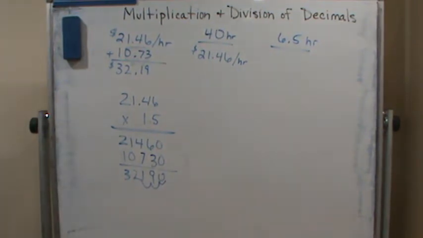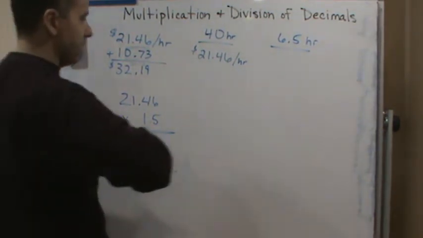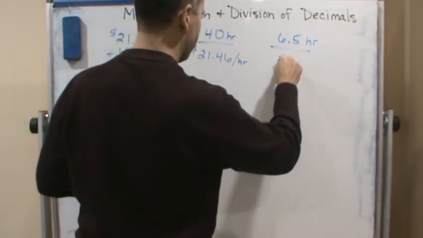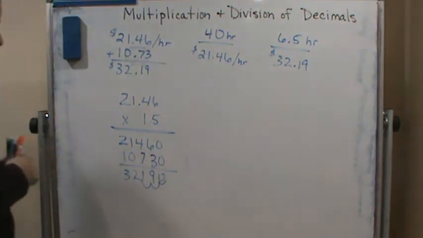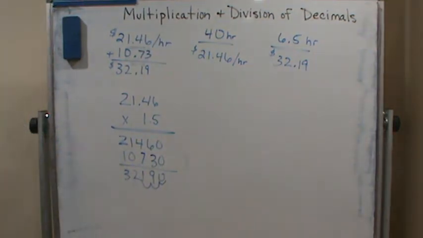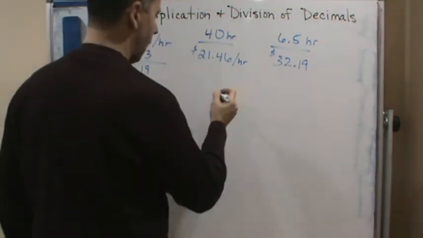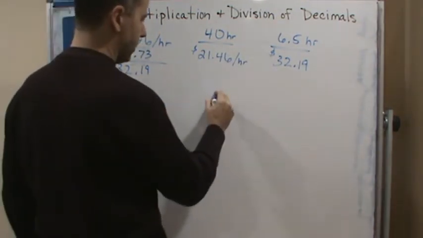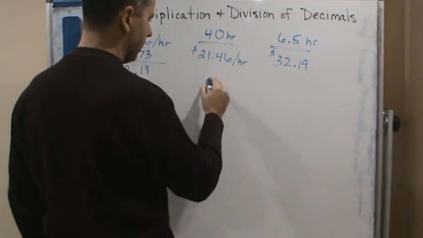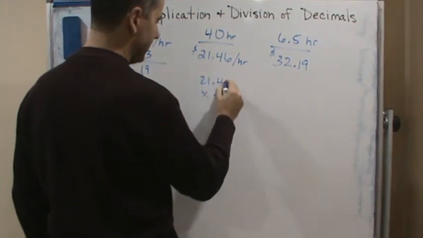Okay, so this is what the overtime rate is, 32.19. Now we're going to multiply. So we're going to get the total amount earned for 40 hours. That's going to be 40 times 21.46.